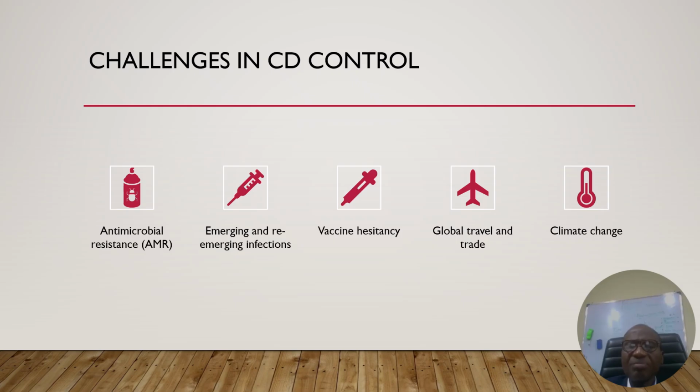So all these constitute very important challenges. Sometimes there are intermarriages across borders. All these are challenges to disease control. Climate change, I mentioned that earlier on.